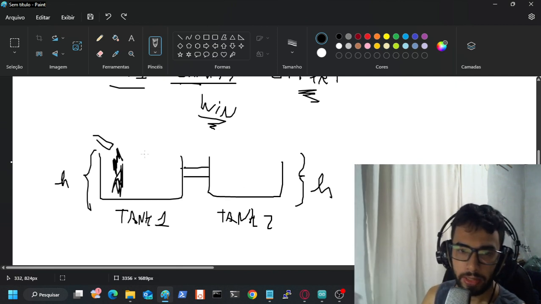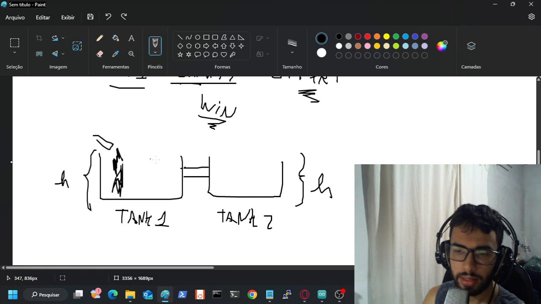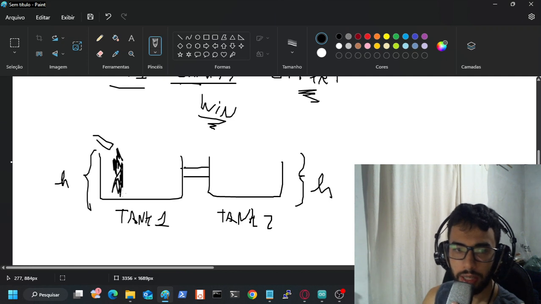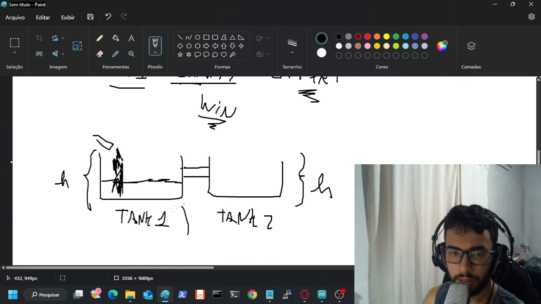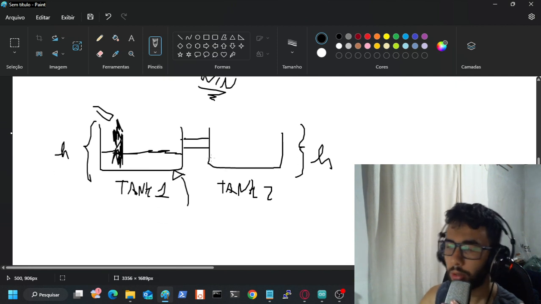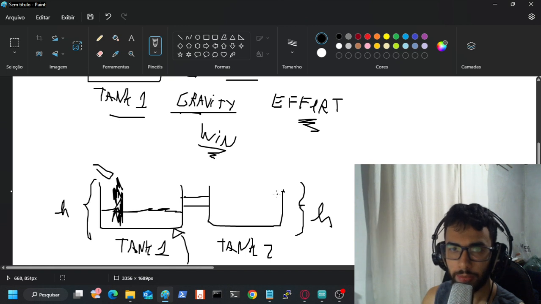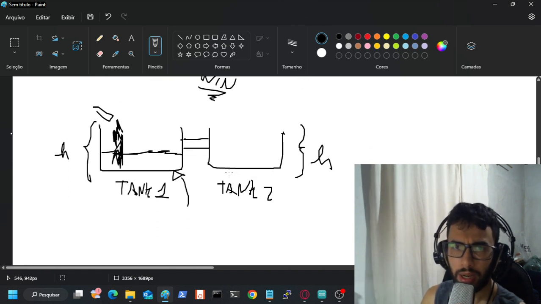Okay guys, this idea is not too easy to understand, because when we are feeding this tank here, this tank won't be full until the other tank, tank 2, is full too. Why?